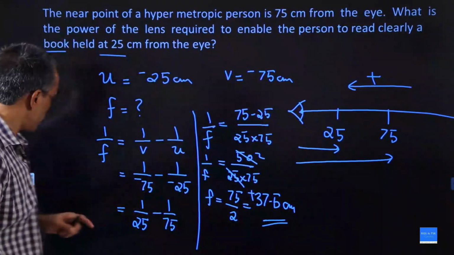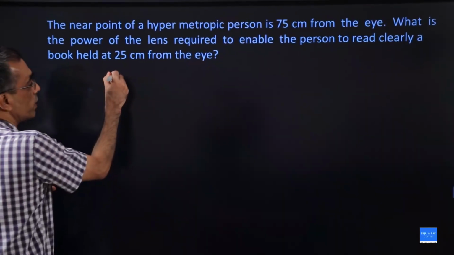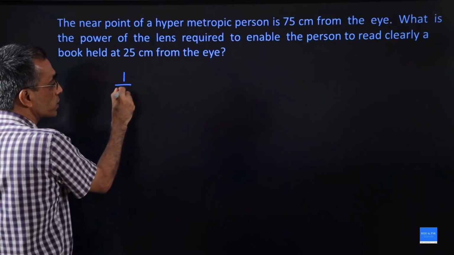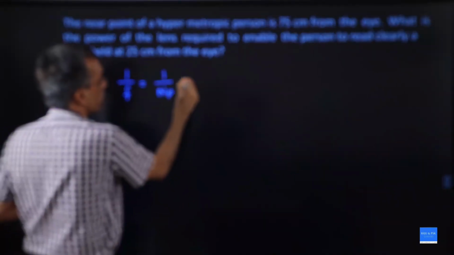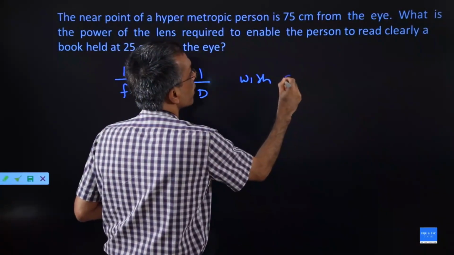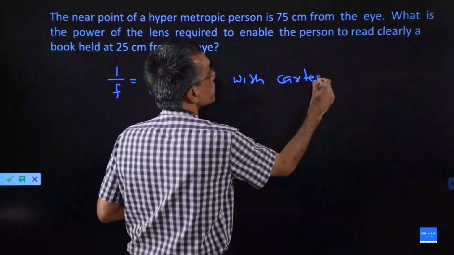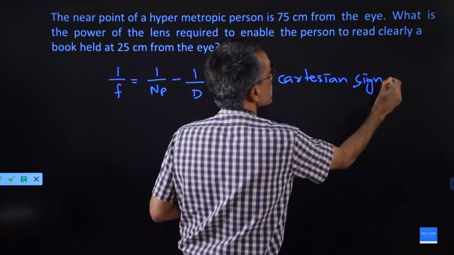This is the first method. Let us go for the next method. In the next method, you learn by heart an equation. Hypermetropic correction: 1 by f is given by 1 by np minus 1 by d. This is with the Cartesian sign convention.